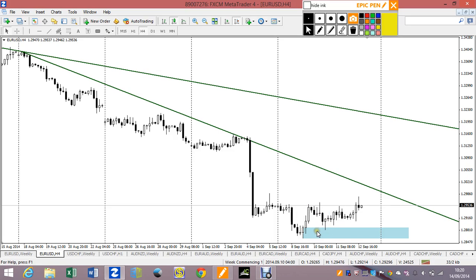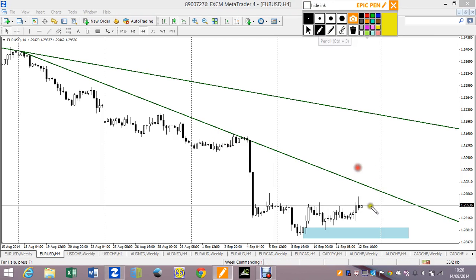So I think there's buyers here. Descending trend line coming down here, so a break of this could be a good trade. So I would want a nice break, possibly a retest, and away. So that's the euro dollar.